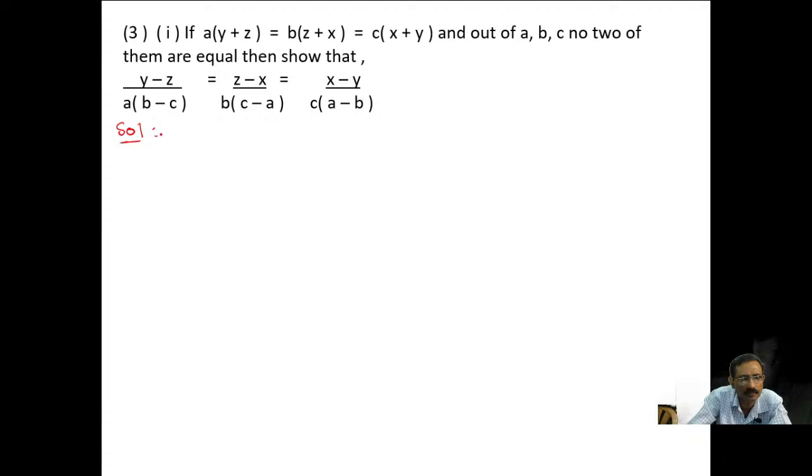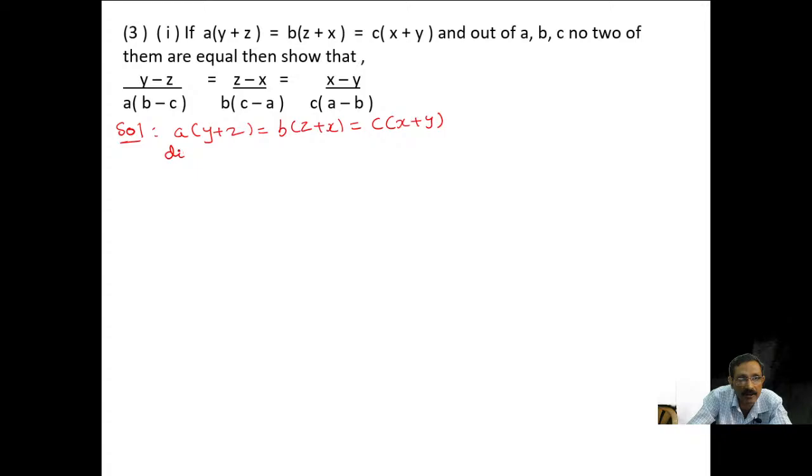Solution. What is given to me? ay plus z is equal to bz plus x, which is equal to cx plus y. This is given to me. Now, to get the abc here, because I need abc down, can I divide each ratio by abc?